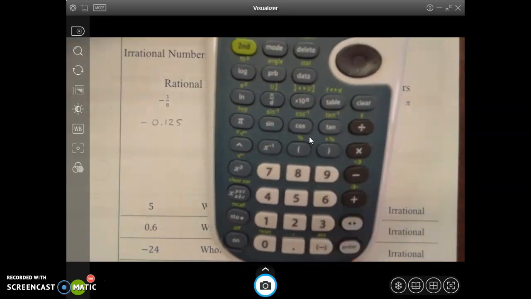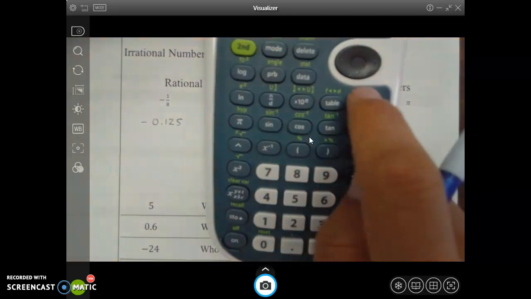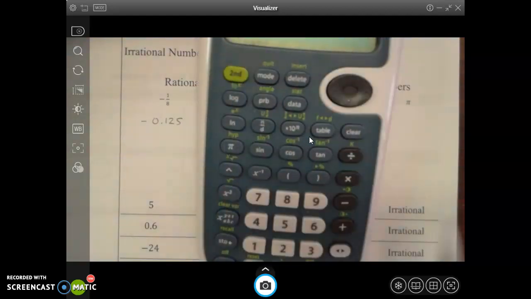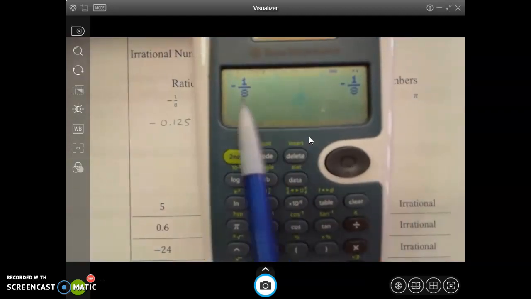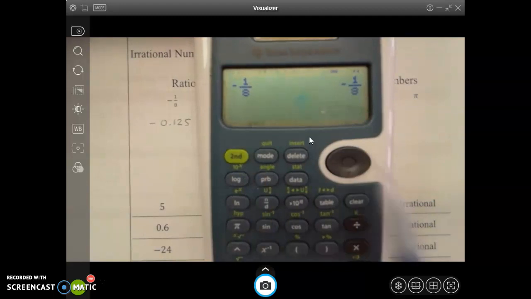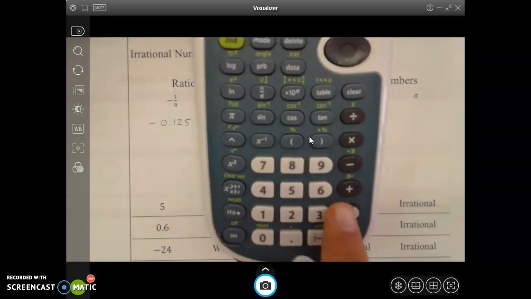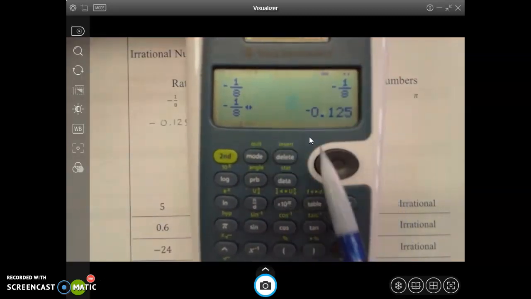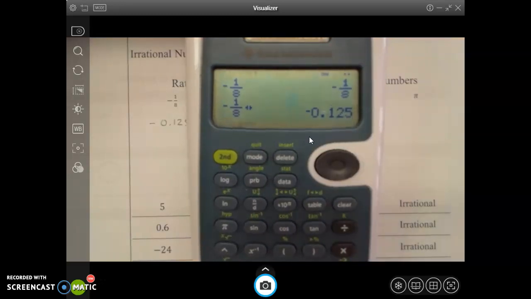And then in the corner here, you have these arrows going in the opposite directions. Gotta clear that. I'm going to press enter first, and that will reduce your fraction. So 1/8 is already reduced. But then if you hit these double arrow keys, it's going to give you the alternate answer. So if I have the decimal, it will give you the fraction, and if you have the fraction, it'll give you the decimal equivalent.